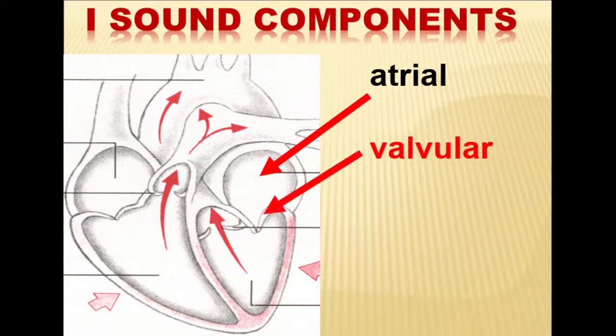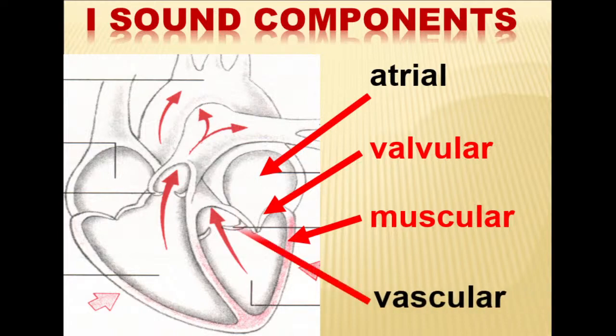We are talking about valvular component because vibration of the closed valve is audible. After that, excitation and contraction of ventricle will have vibration of heart muscle, muscular component. And during ejection of the blood, we will have vibration of the aorta and pulmonary trunk, vascular component.